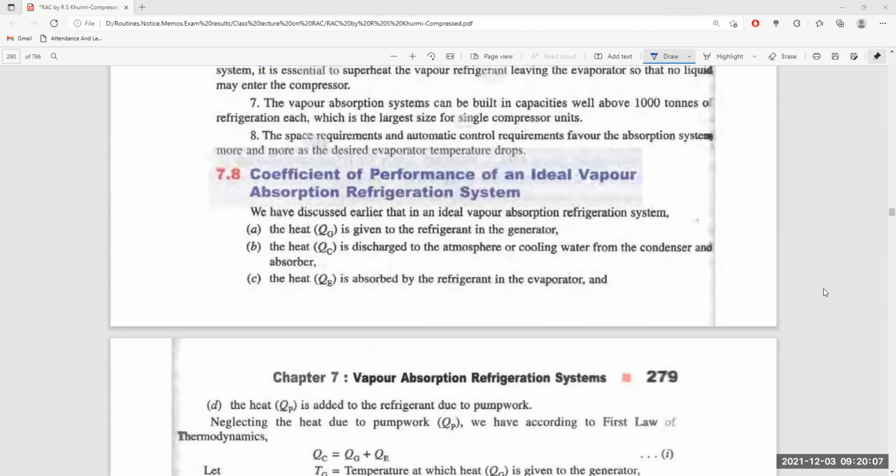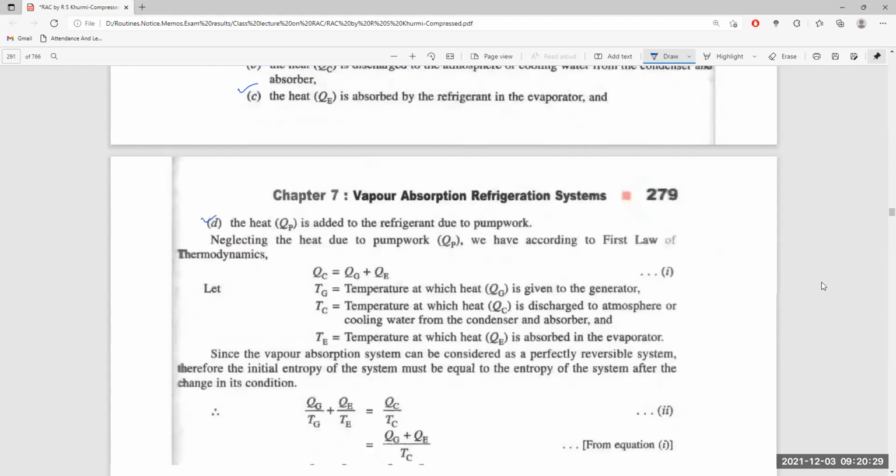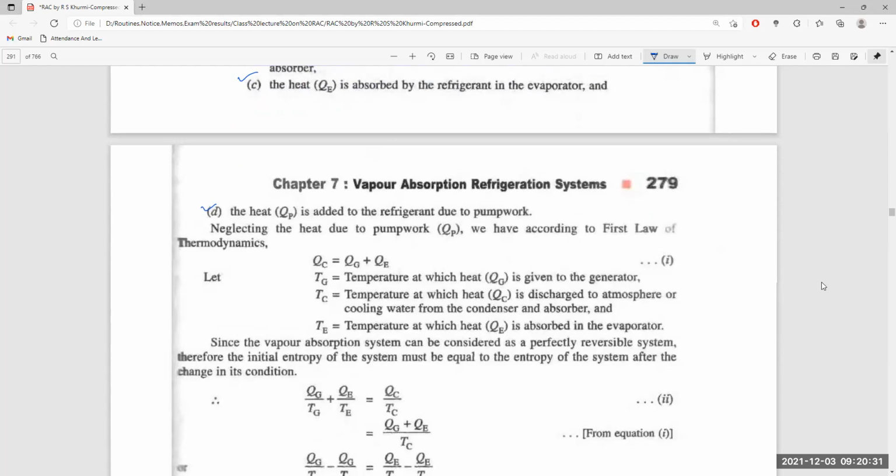So there are three heats: QG given to the refrigerant in the generator, QC released from the condenser, and QE absorbed by the refrigerant in the evaporator. And the heat QP is added to the refrigerant due to pump work. The amount of heat added due to pump work is generally negligible here, so we are neglecting the energy given to the pump work.